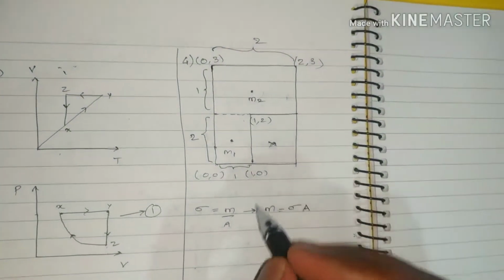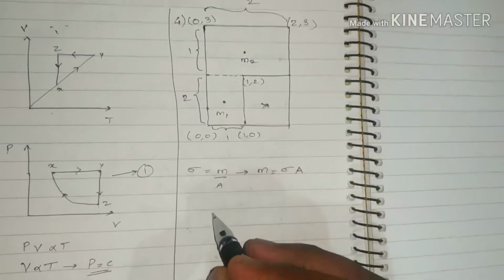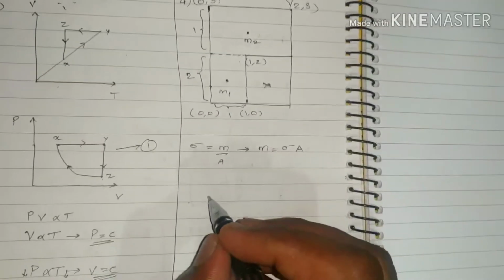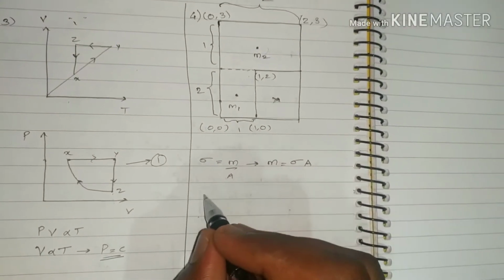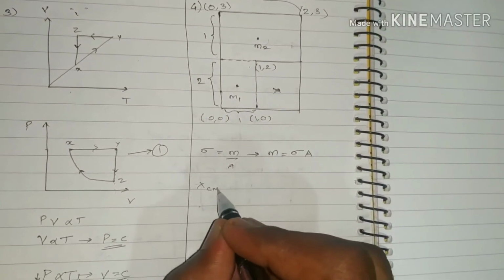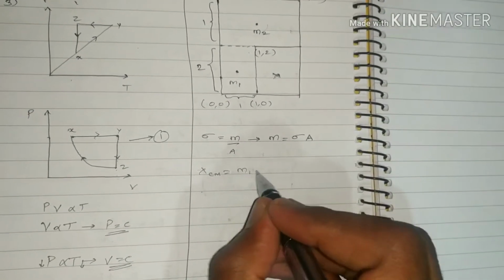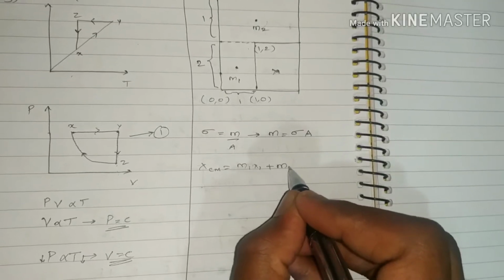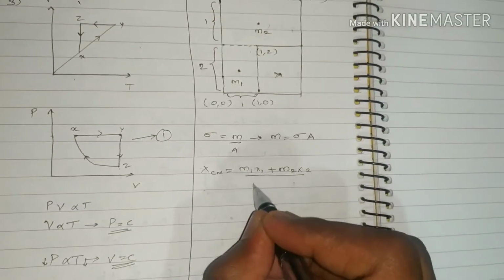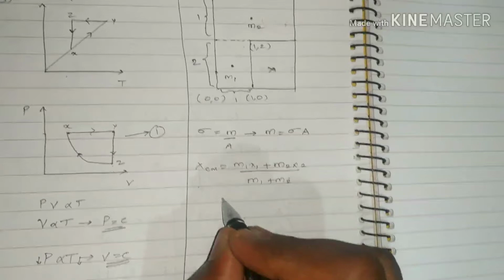Okay, so with the help of these dimensions, let's try to figure out how much is the center of mass of this shape. The formula says XCM. First we'll find x coordinate, then we'll find y coordinate. XCM is equal to (m1 x1 + m2 x2) upon (m1 + m2).